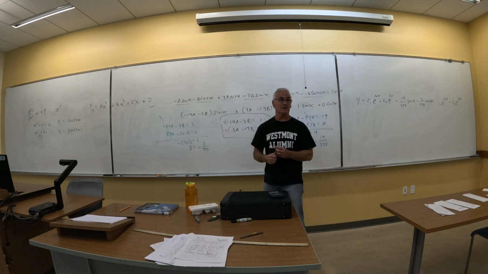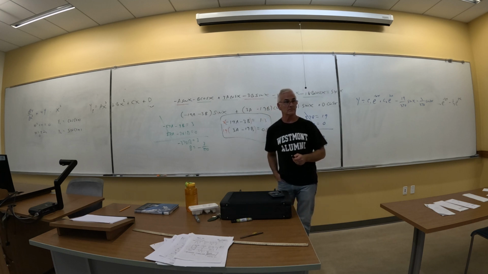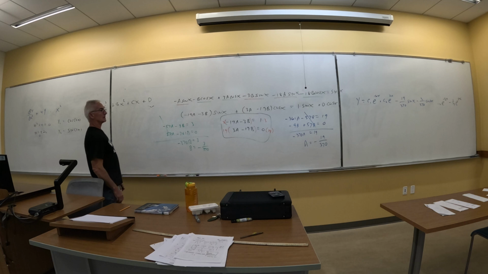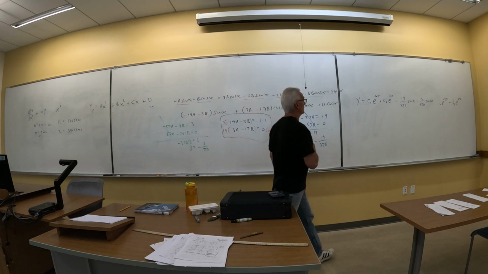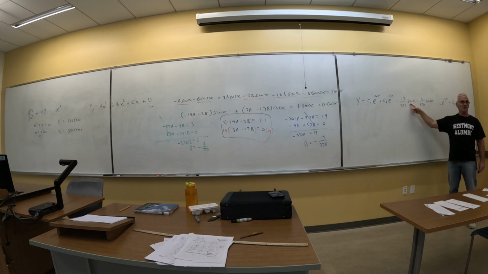Question: if the x cubed itself had some particular coefficient in it already, would we still just write ax cubed? Yes. My original right-hand side had a coefficient of 1, but what if it had a large coefficient?